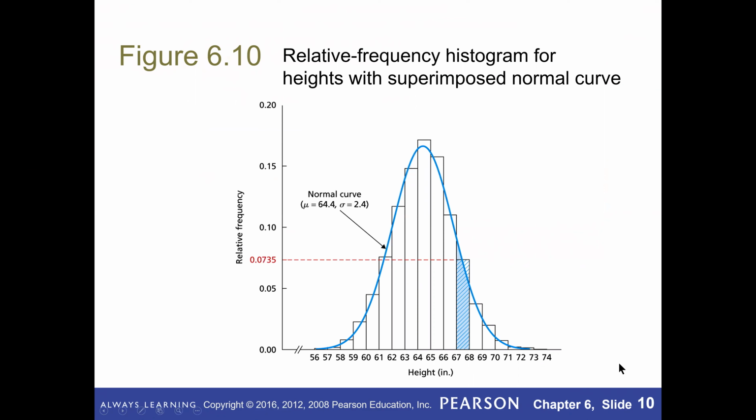Normal curve. Okay. So sometimes we can use the normal curve to approximate the discrete probability distributions. So you see in the background it's bars, but we can impose a curve to approximate it.